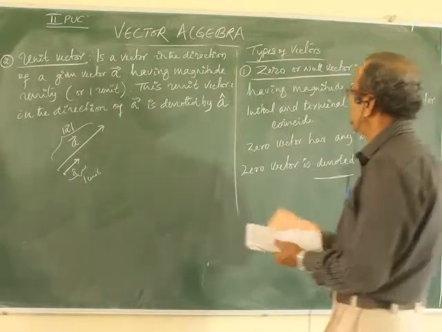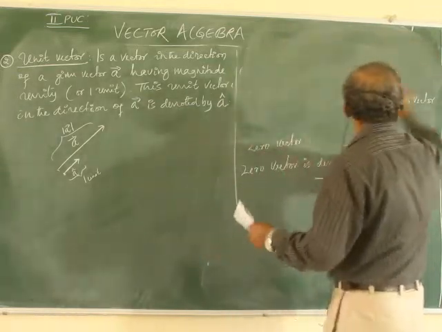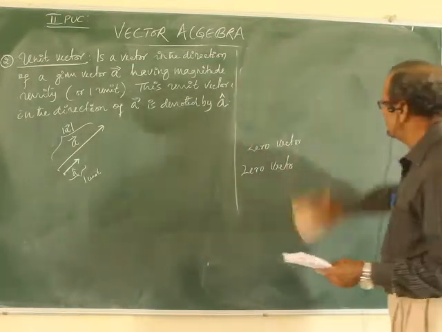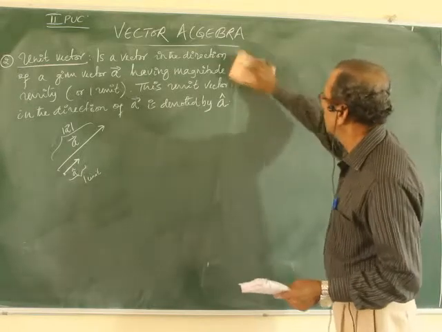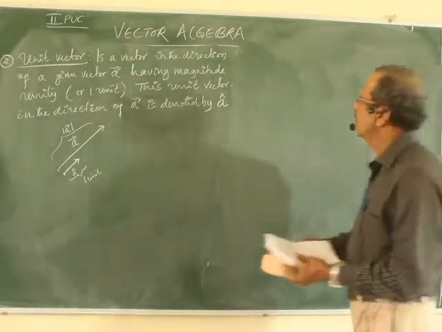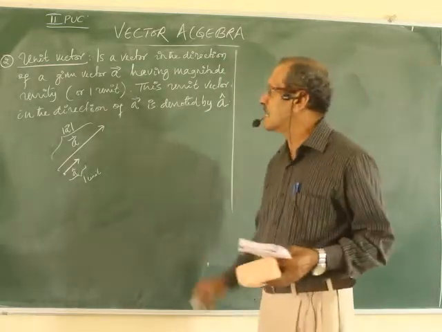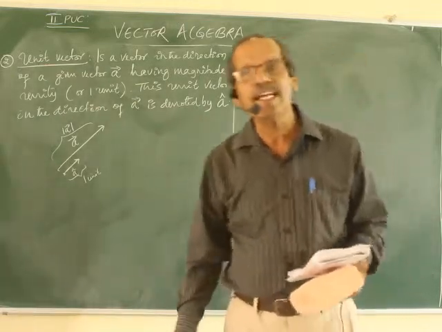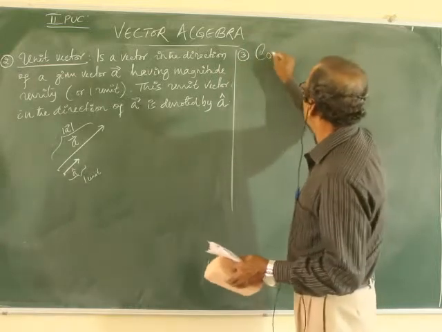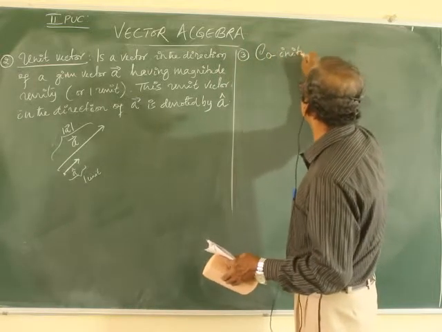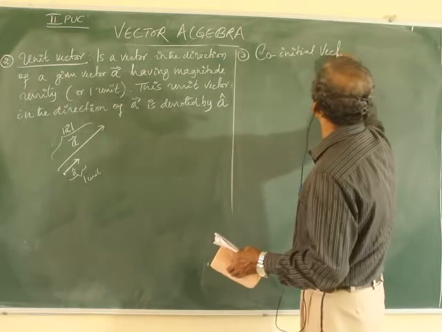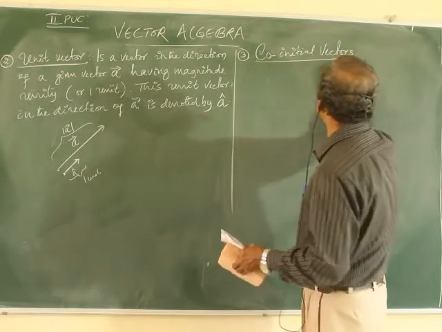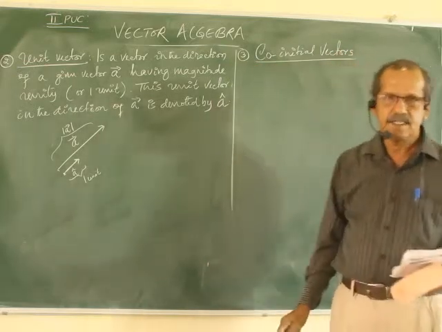Type number 3. Make the idea clear first, all the definitions first, before working out the problems. So many types, definitions are there. Let us discuss the third type of vector. Co-initial vector.